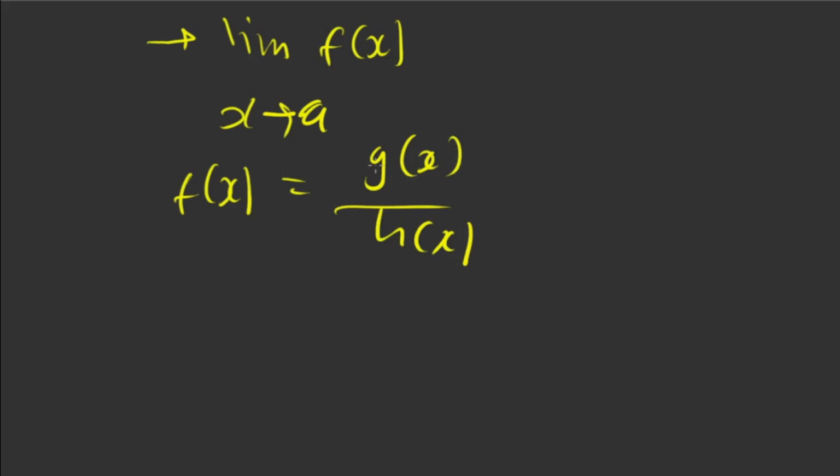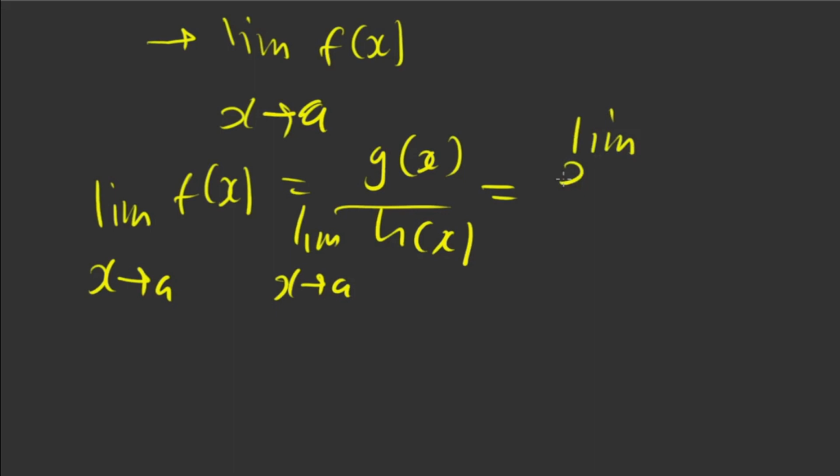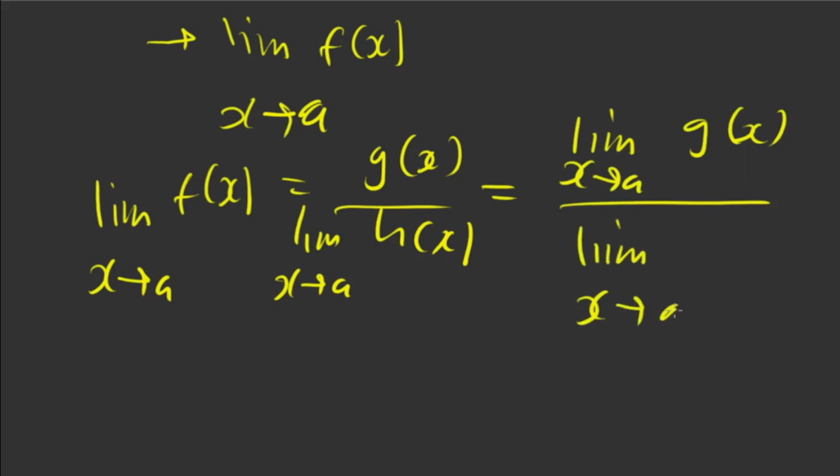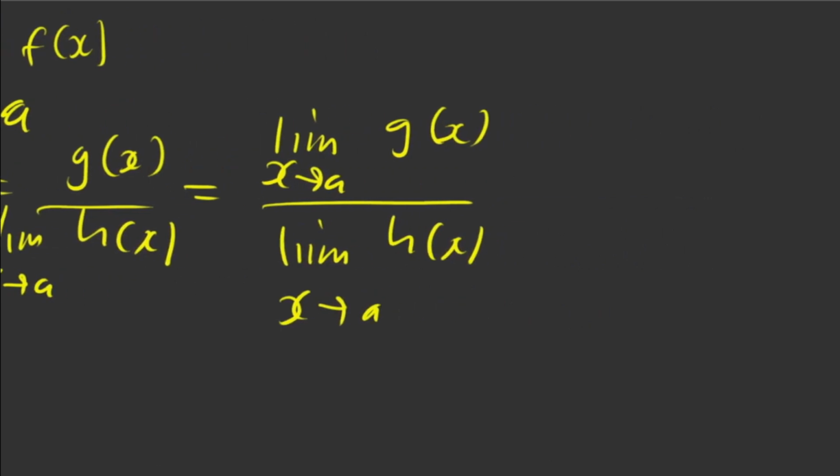To find the limit of such, the limit of this rational function is the same as the limit of g of x divided by the limit of h of x.